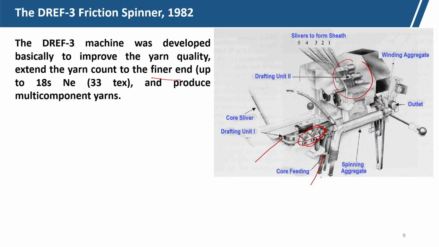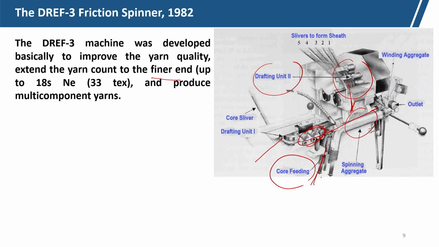Here it is drafted at high draft, and it goes along with the core, that is continuous yarn or filament, and these two form the core. During this movement through the suction drum, the staple fibers which form the sheath fall from drafting unit 2 through the transport channel.